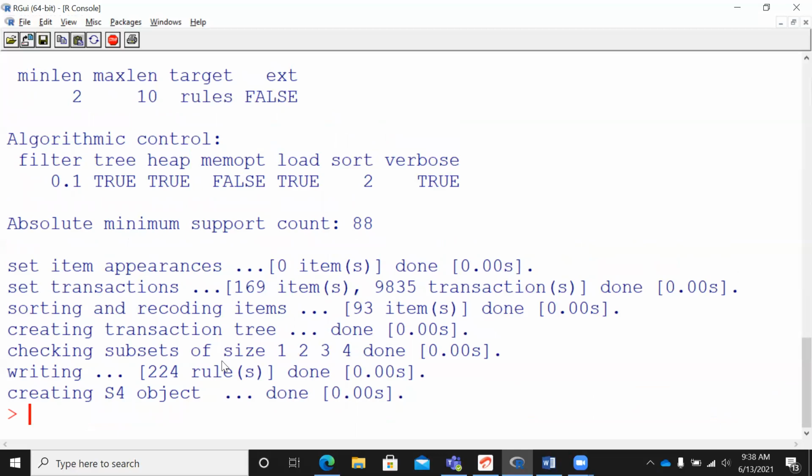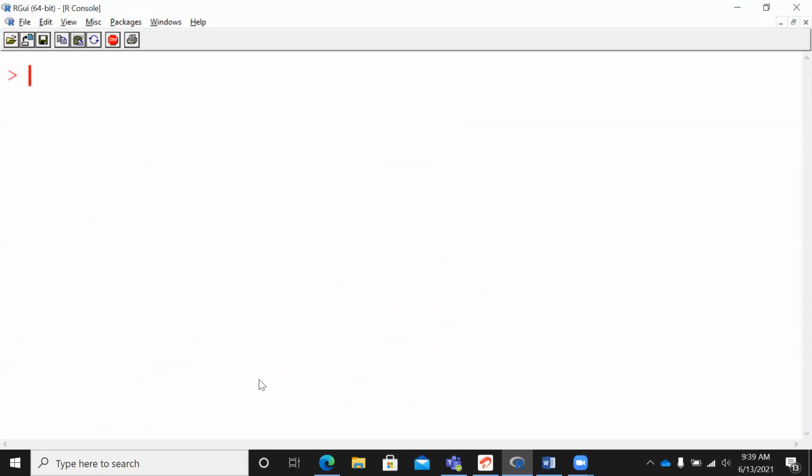It just gives me the same information as it had given earlier. It says that there are 224 rules. Fair enough. Now, what I am going to do is clear the screen and look at the summary of the rules. I want to see the summary of rules. So use the summary function. Summary is the function and rules is the object wherein the Apriori output has been saved.